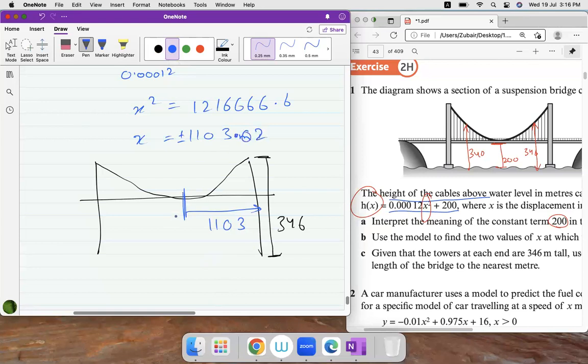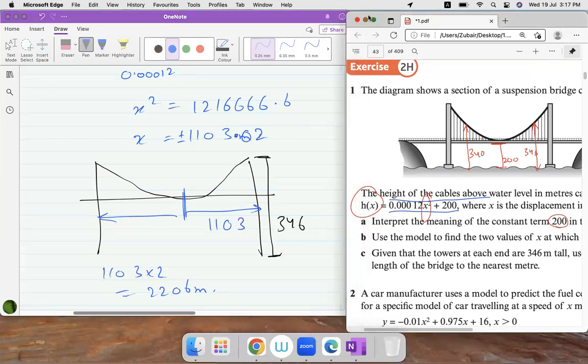So 1103 on either side. So the length of the bridge must be 1103 times 2, which is 2206 meters. Any confusion in this? Okay.